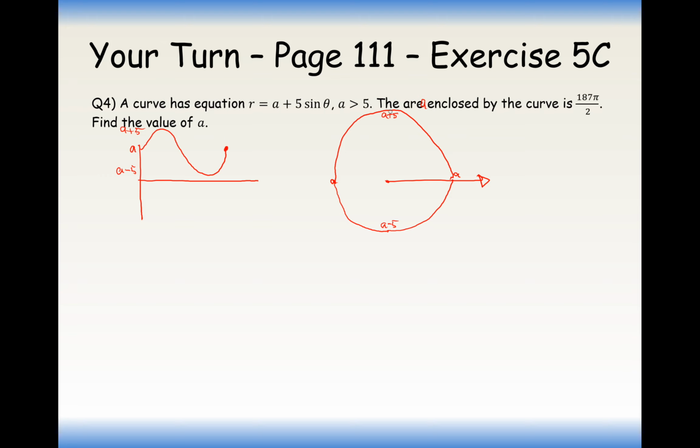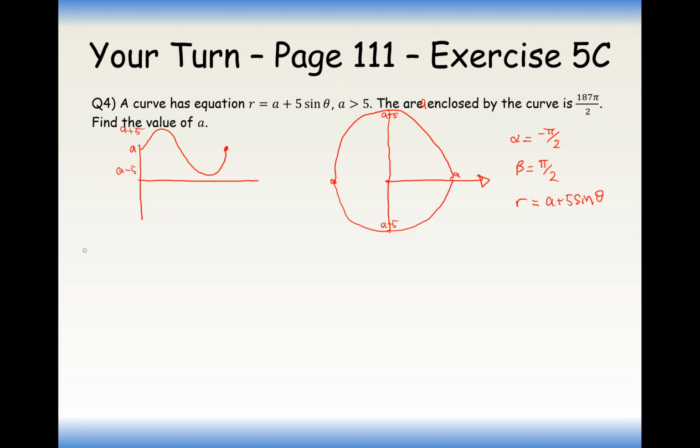Now I think what will probably be easiest here, if we just chop this in half here, would be to work out the right hand side first, double it, and then work out the left hand side here. So my boundary is going to be in between, the first boundary will be minus pi by 2. The second boundary will be pi by 2. And the curve is going to have equation a plus 5 sine theta.